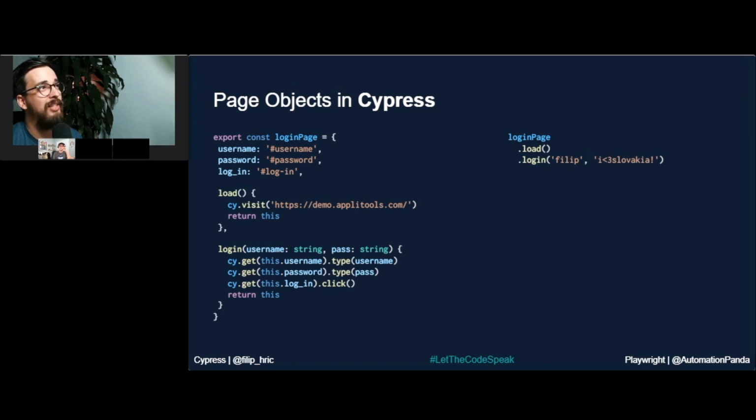So on the right side, when you take a look at the test, you can preserve that chaining syntax you would have in your Cypress test. So instead of cy.load or cy.login, you have a login page, and you're chaining those commands together, creating a nice readable test for yourself.